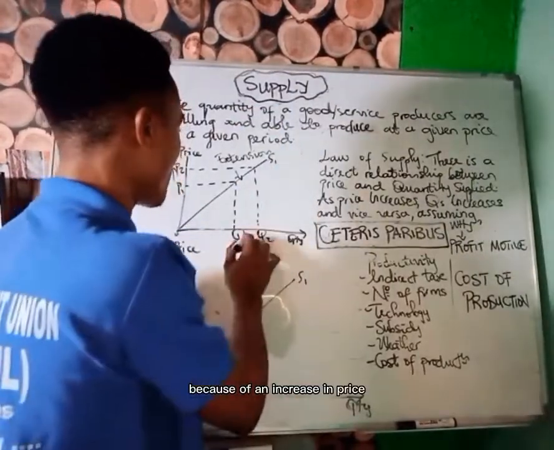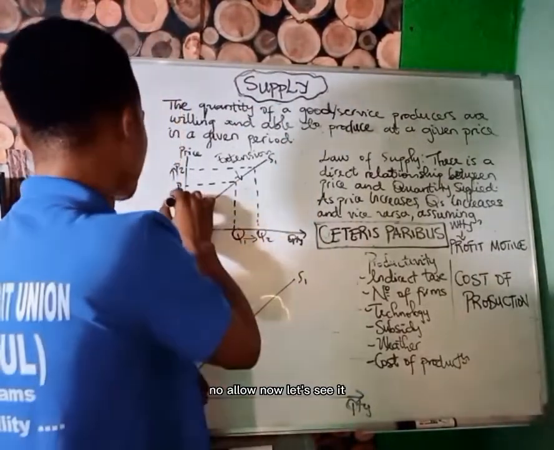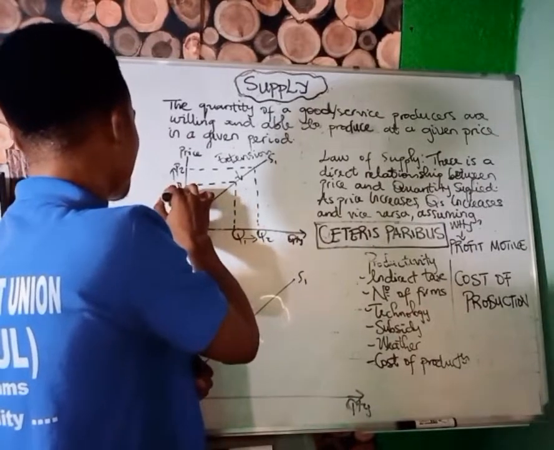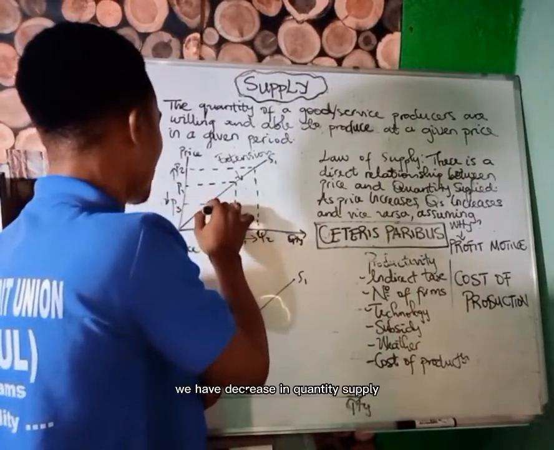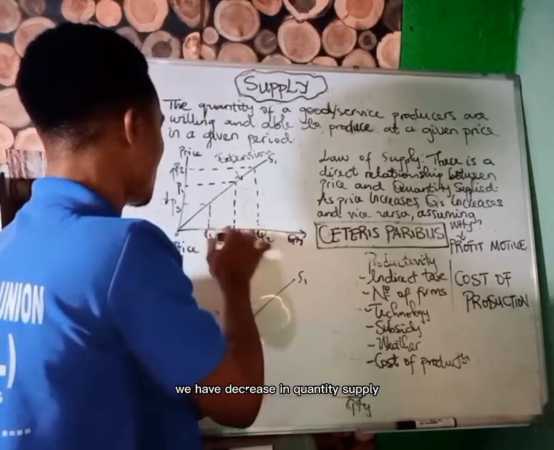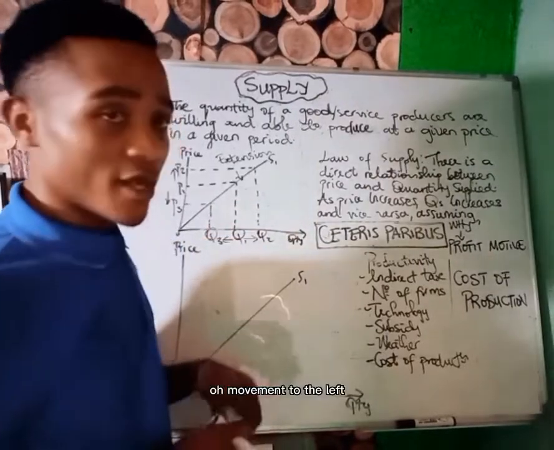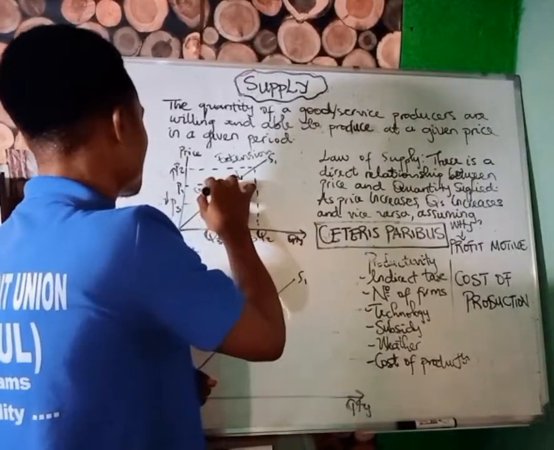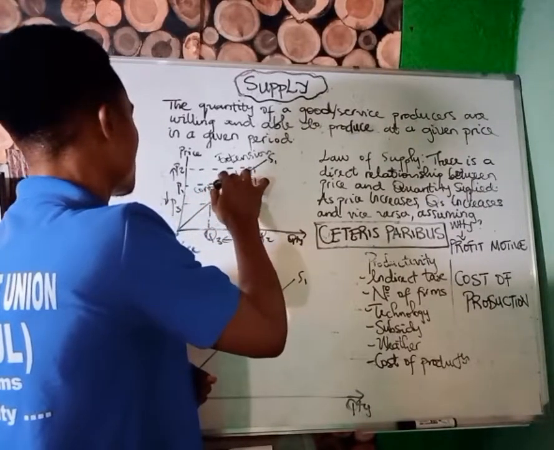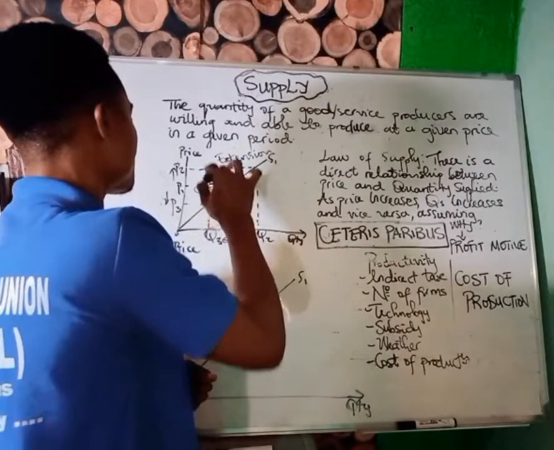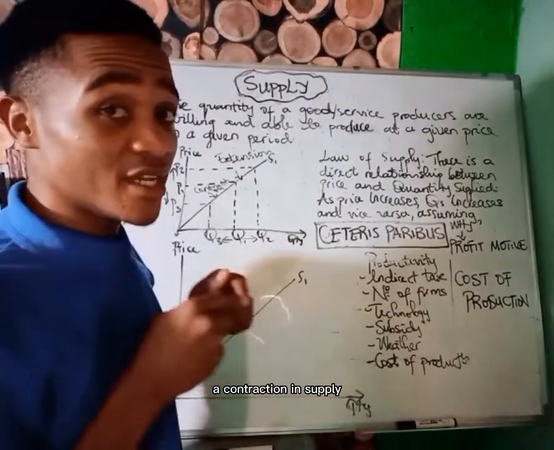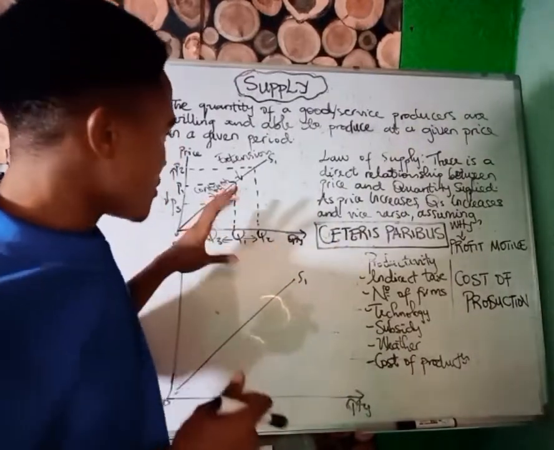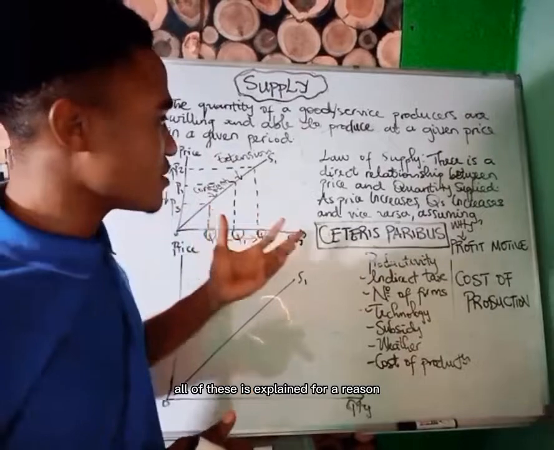Now let's see a decrease in price from P1 to P3: we have a decrease in quantity supplied, a movement to the left. This is called a contraction in supply.